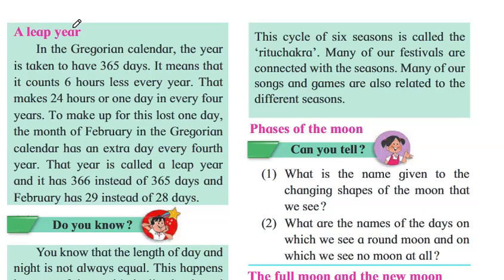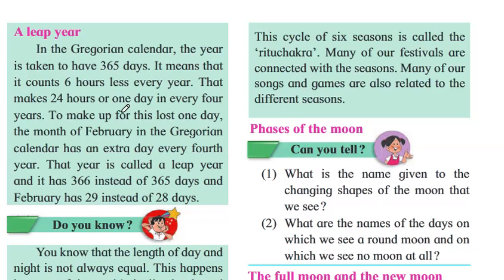A leap year. In the Gregorian calendar, the year is taken to have 365 days. It means that it counts 6 hours less every year. That makes 24 hours or 1 day in every 4 years.